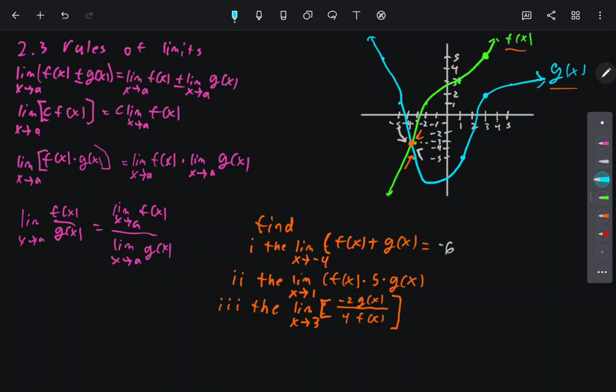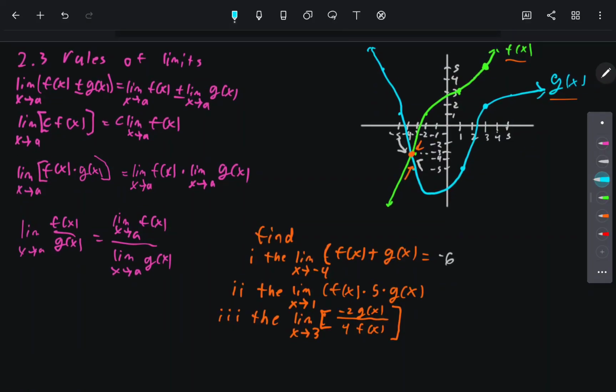So really, if you took the limit as x approaches 3 of 3 times g of x, then it's going to just be 3 times the limit of g of x.